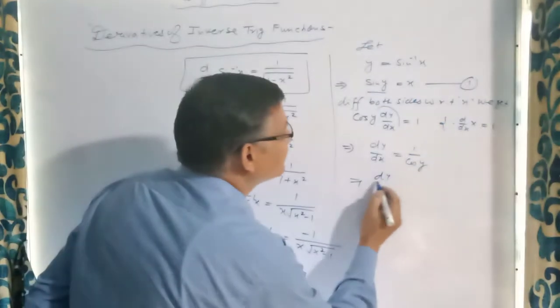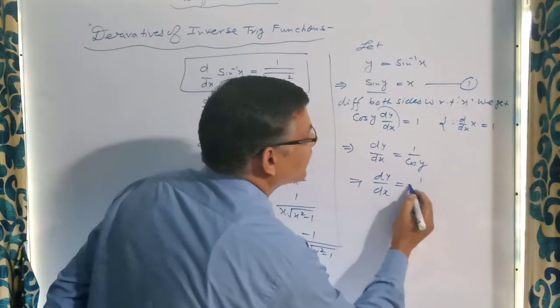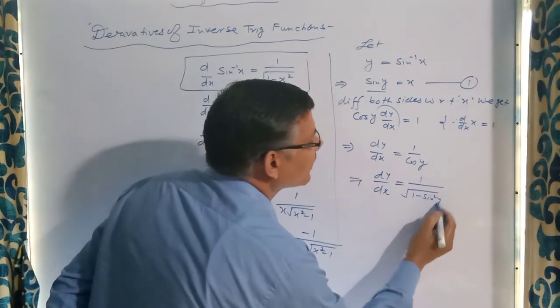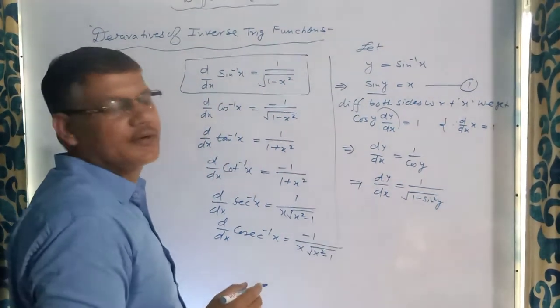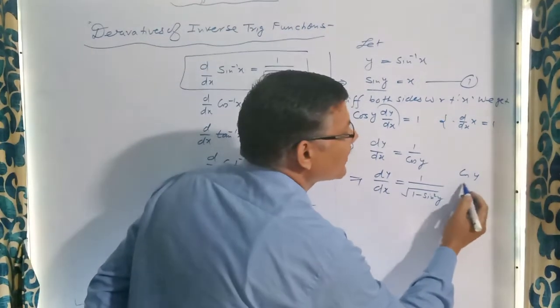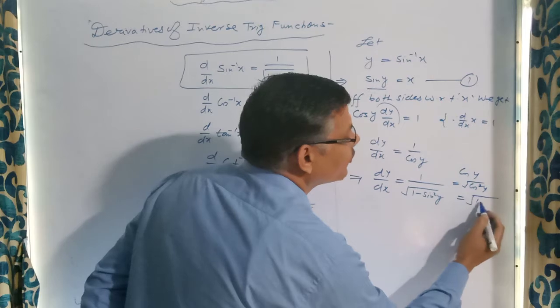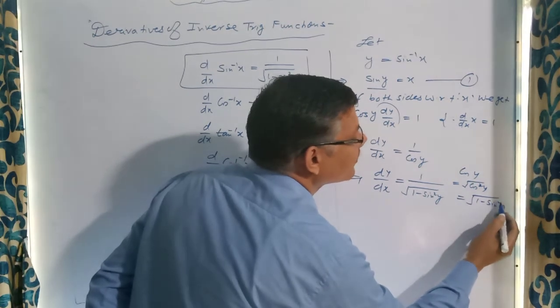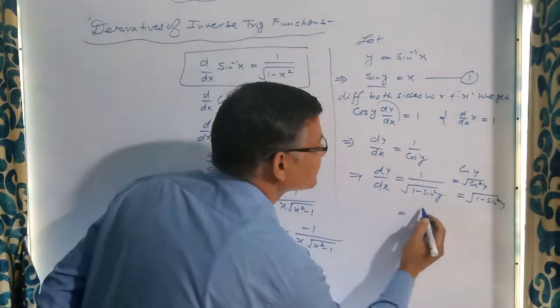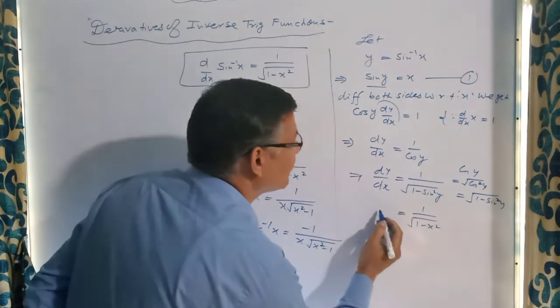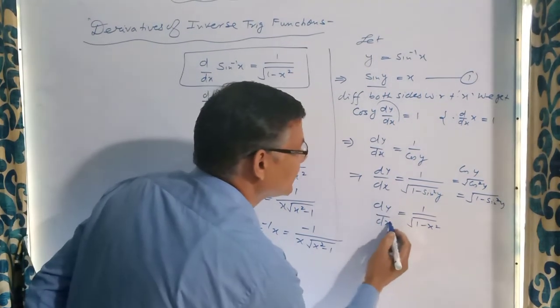So it implies dy by dx is equal to 1 by the square root of 1 minus sine square y by using the trigonometric identity. Since we may write cos y equal to root over cos square y equal to root over 1 minus sine square y. So it comes as 1 by root over 1 minus x square, and it is dy by dx.